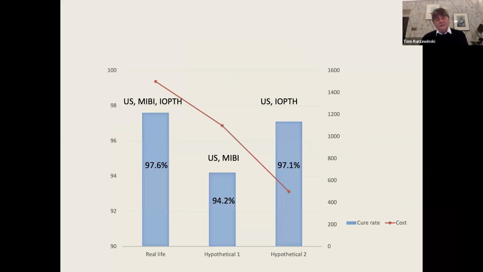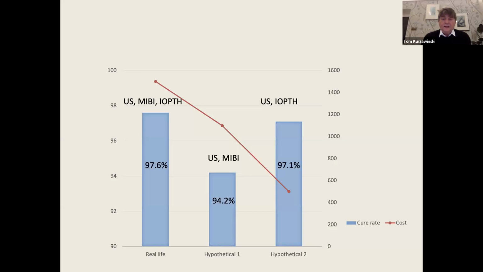And this graph really shows two scenarios. The first scenario is the real life. So it's an ultrasound, SESTA-MIBI and IOPTH, and we had a cure rate of 97.6%. And this was what we call real life. But if we calculated a hypothetical scenario, if we operated only on the strength of ultrasound and MIBI, our success rate would drop to 94%.